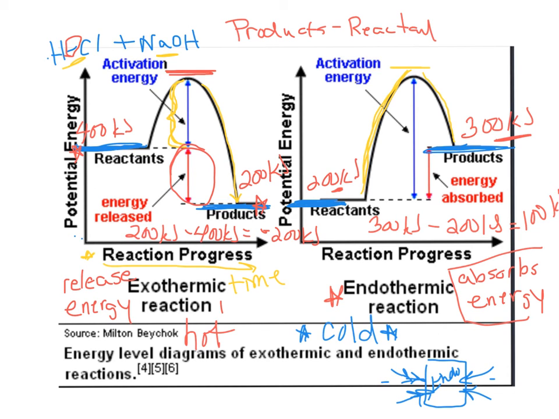Okay, so a real quick recap on looking at potential energy diagrams. Potential energy diagrams are used for us to look at energy exchanges in chemical reactions. On the y-axis, we have the potential energy, and on the x-axis, we have the reaction occurring over a period of time. Potential energy diagrams show the energy stored of the reactants all together combined.